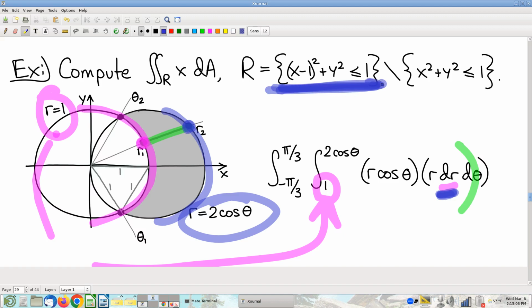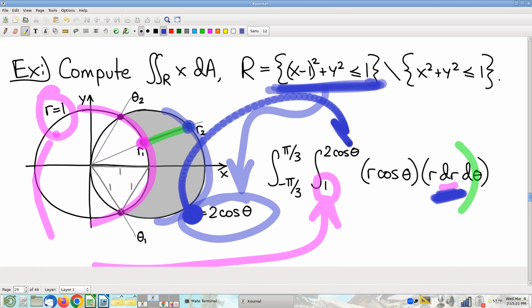Just make this an equal sign. That gives you that boundary curve. And taking that rectangular equation and converting into polar coordinates gives you that. And keep in mind, we're interested in solving for r because we're looking for an r bound. So this r is 2 cosine theta.